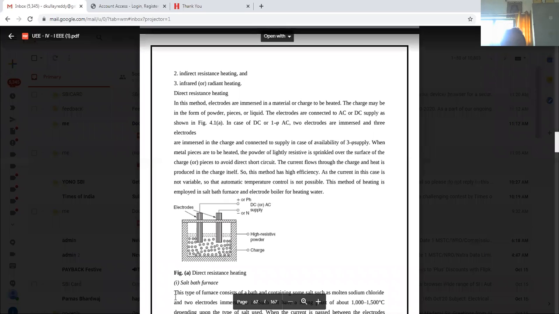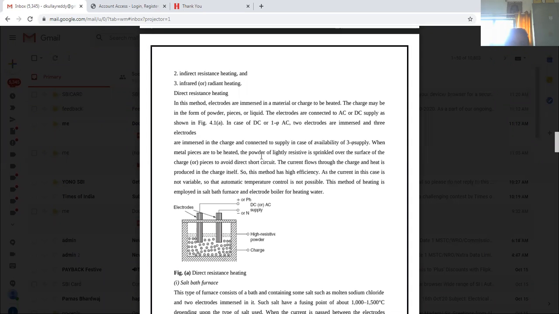Here we can give an AC supply or a DC supply, and nowadays both AC and DC direct resistance heating equipment are available. When you have to heat a powder or resistive material, the resistive material produces the heat. Like your laboratory resistance: when you supply the resistance, after a certain time it is heated, and when you touch it you feel the heat.